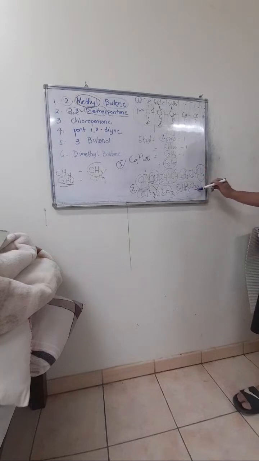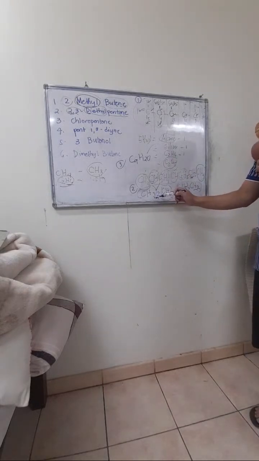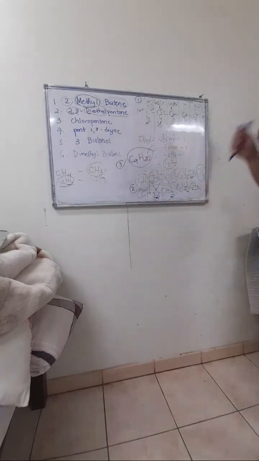Then 18 plus 2, 20, correct. Carbon: 2, 4, 4 plus 4, 8, then 1, 9. So, perfect. The chemical formula, general formula, molecular formula of 2,3-diethylpentane is C9H20.